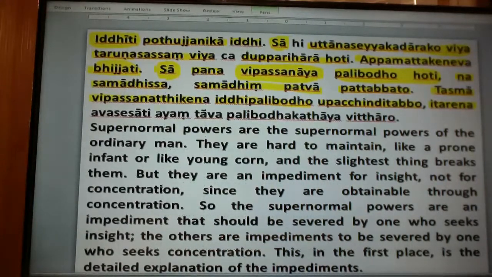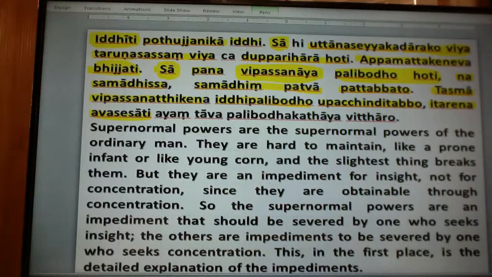Itarena means the other things. Avasisati means remaining; avasisa is remaining. The remaining other things in talking about the impediment would be too long.